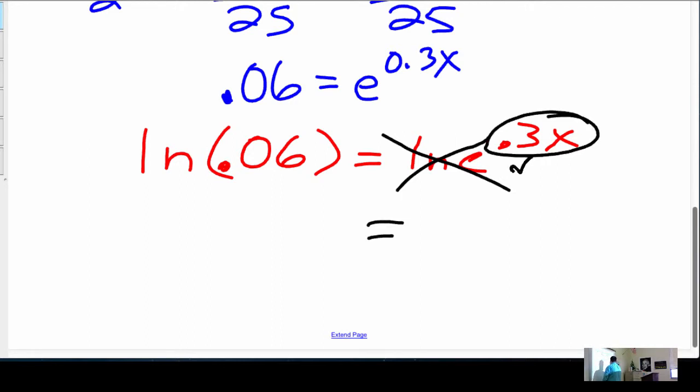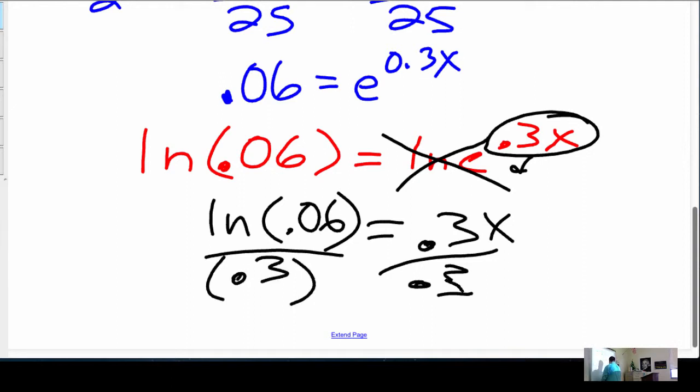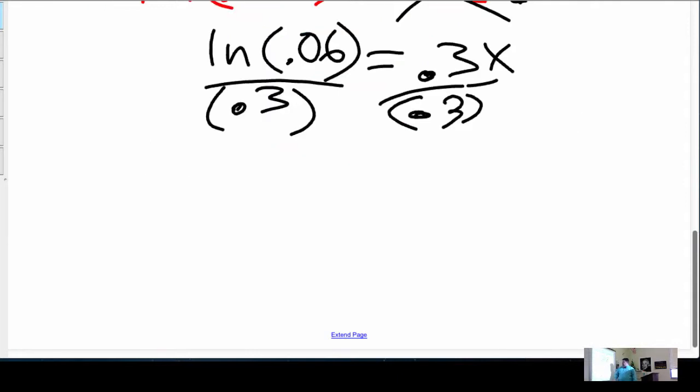I get 0.3x is equal to the natural log of 0.06, and then I divide both sides by 0.3. My smart board's acting all goofy today. I just calibrated it too, which is odd.